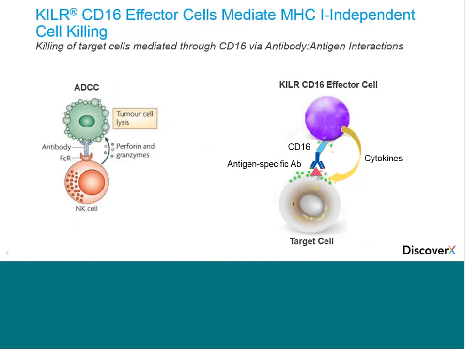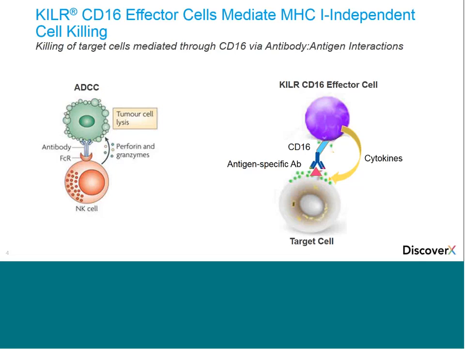Now, these are T cells that mediate killing through their CD16, and shown on the left is the classical model of ADCC, where the NK cell, which expresses the Fc gamma receptor known as CD16, engages the Fc portion of the antibody, whereas the antigen-specific end of the antibody engages the target cell.